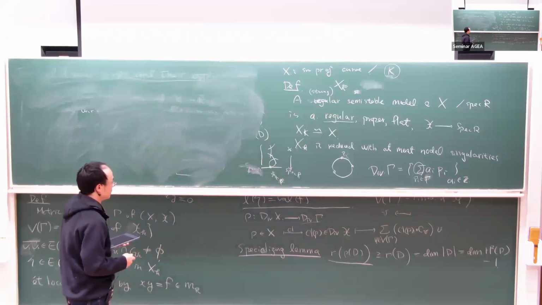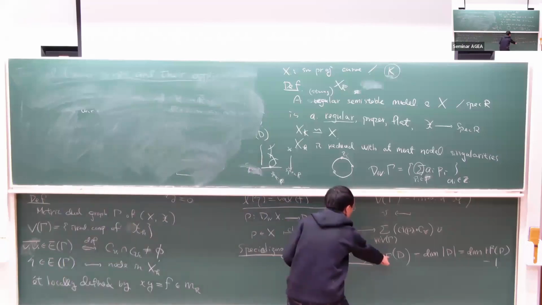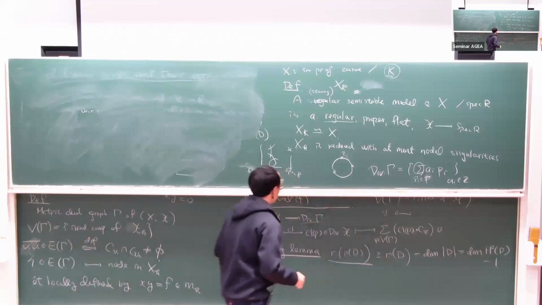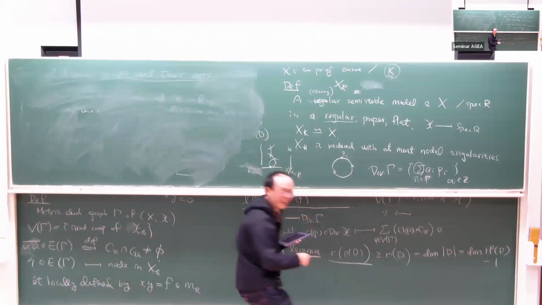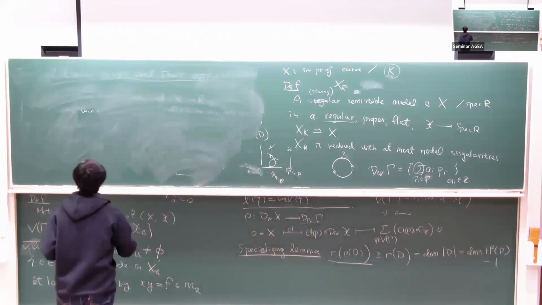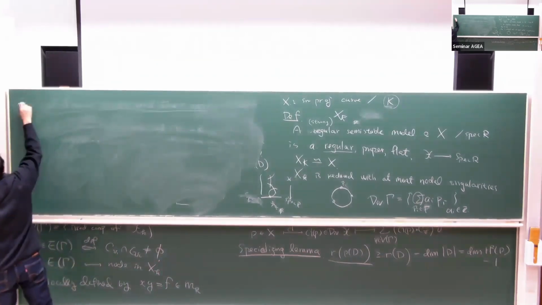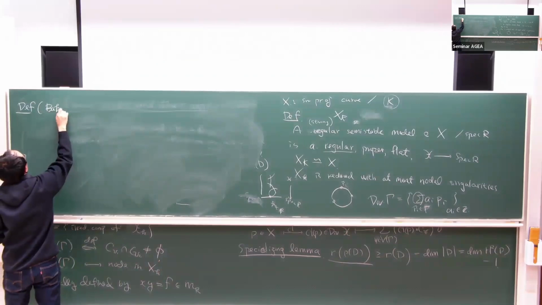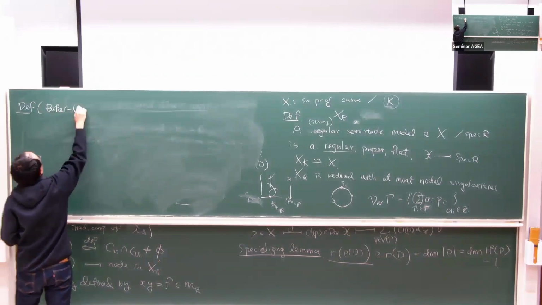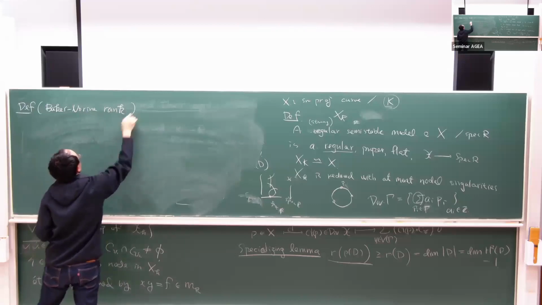And what is R of rho of D? On the left-hand side of the inequality, I'm going to explain this right now. So this is the so-called Baker-Norine rank of divisors on a metric graph.